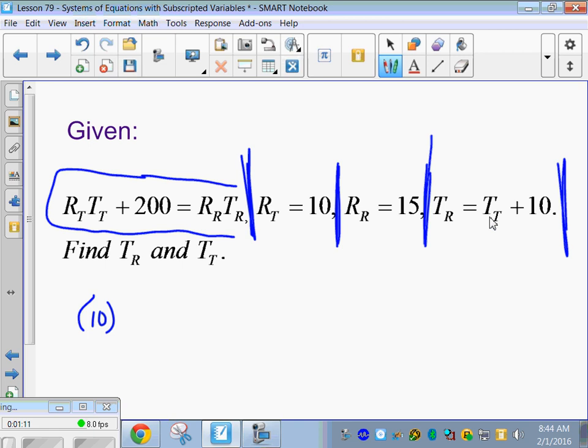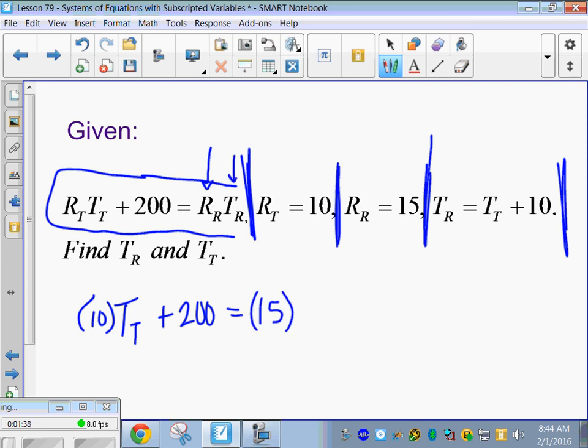We don't have it by itself, so no. So that's what we're going to leave in our equation is TT. Now I have plus 200, then equals. Okay. Now we've got RR. So Sophia, what can I plug in for RR? Yeah, it tells me right here RR is 15. So I'll plug in 15.